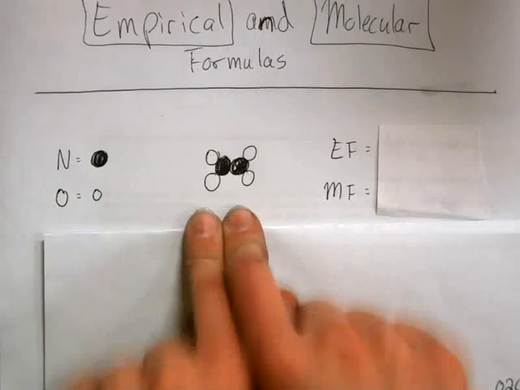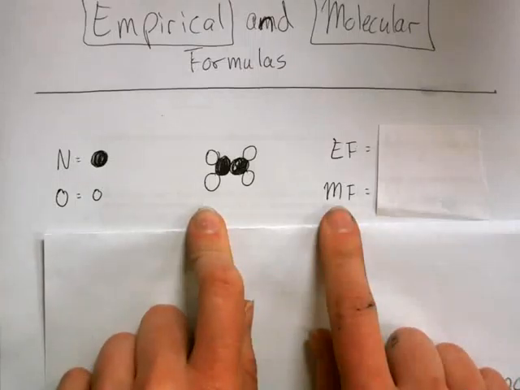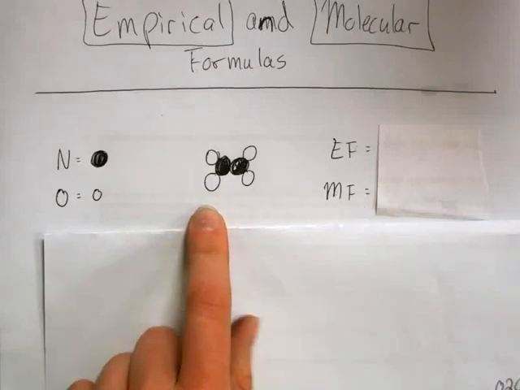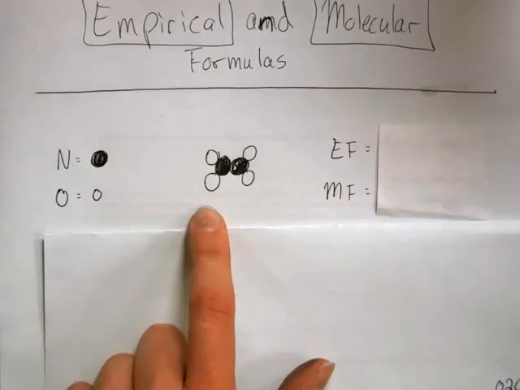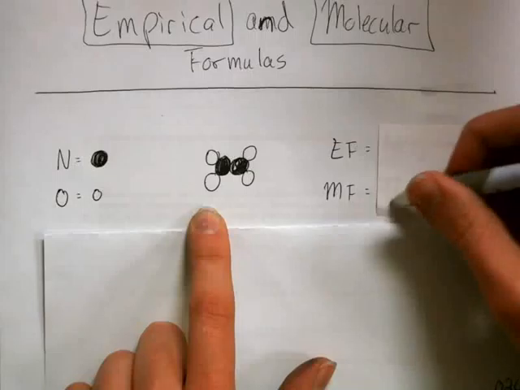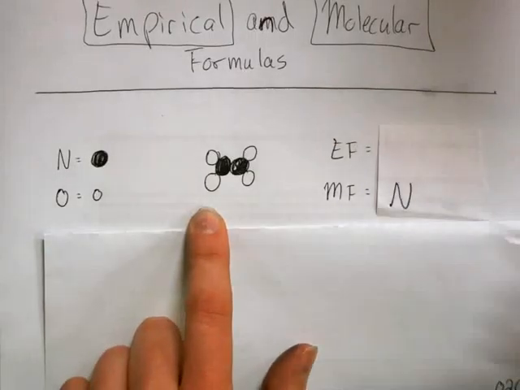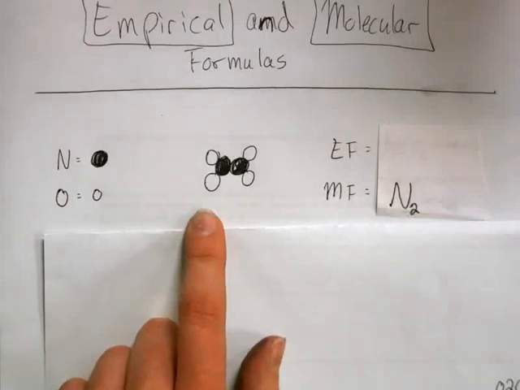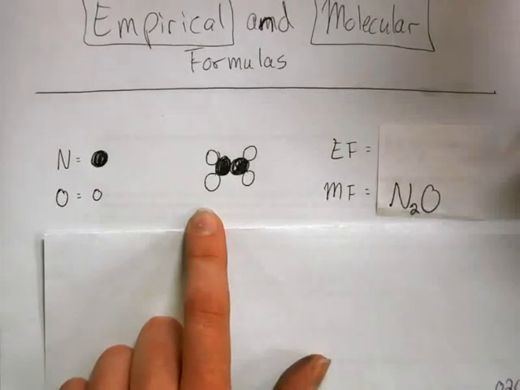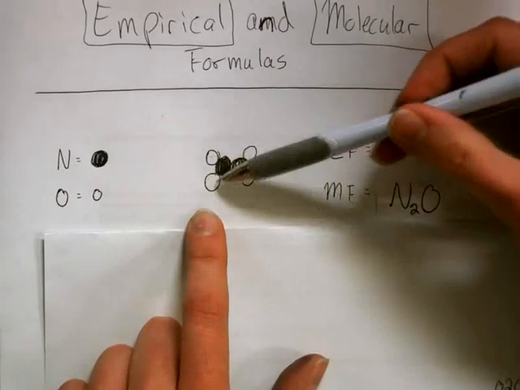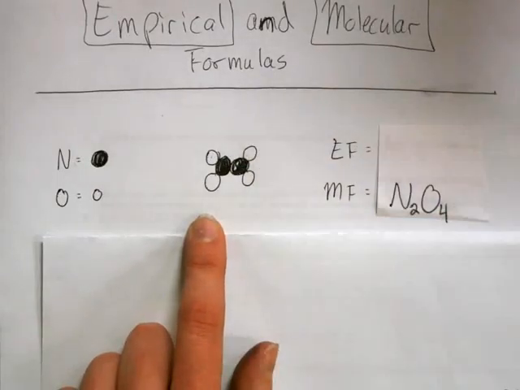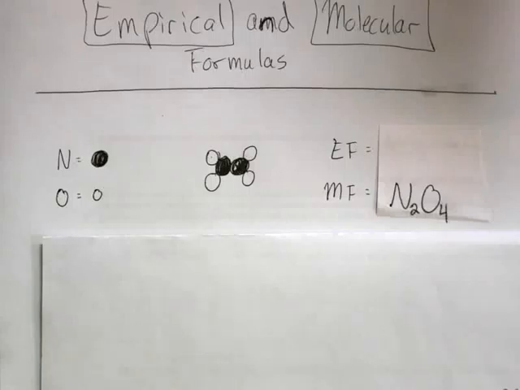If I wanted the molecular formula for this, abbreviated as MF, it would be how many I actually have. So my nitrogen, I actually have 1, 2, so I'm going to say N2. Then I have oxygen, and I have 1, 2, 3, 4 oxygens. That is the number that I actually have.